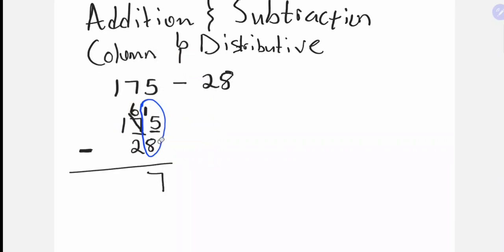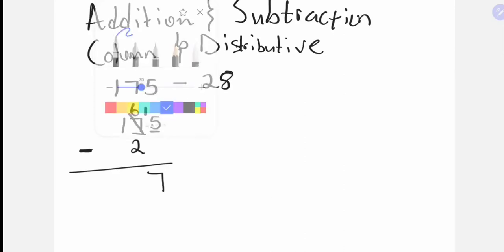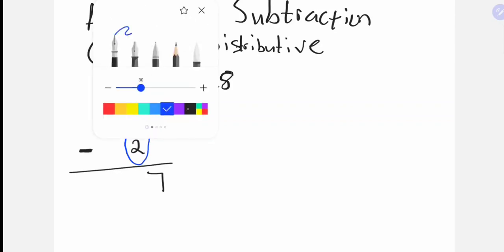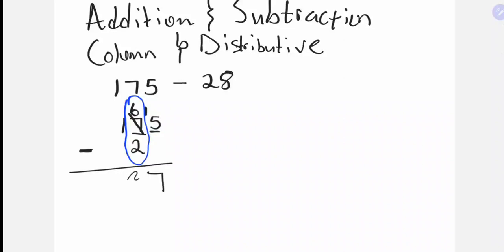Now that we're done with that, we move on to the next place, which is our tens place. 6 minus 2, right? And what does 6 minus 2 give us?